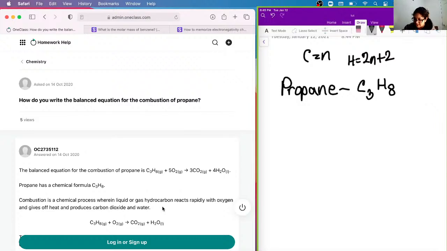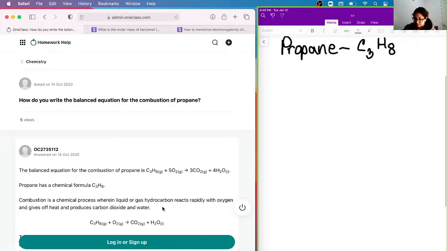And so we're asked to write a balanced equation for combustion of propane. And so combustion is basically when it reacts with the air, with oxygen.